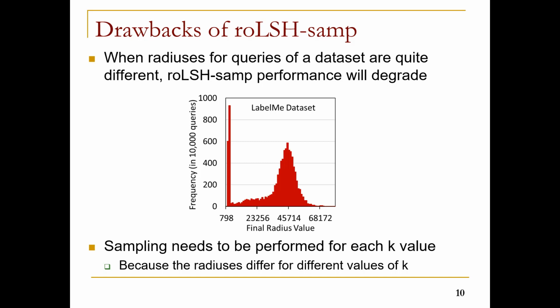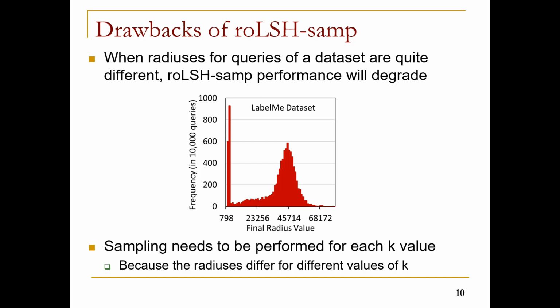First, roLSH-samp is effective only when the required radius values for a given k are similar to each other for different query points. In other words, all sampled queries should require a similar radius value. We observed that this is not always the case, and roLSH-samp efficiency degraded in those cases.